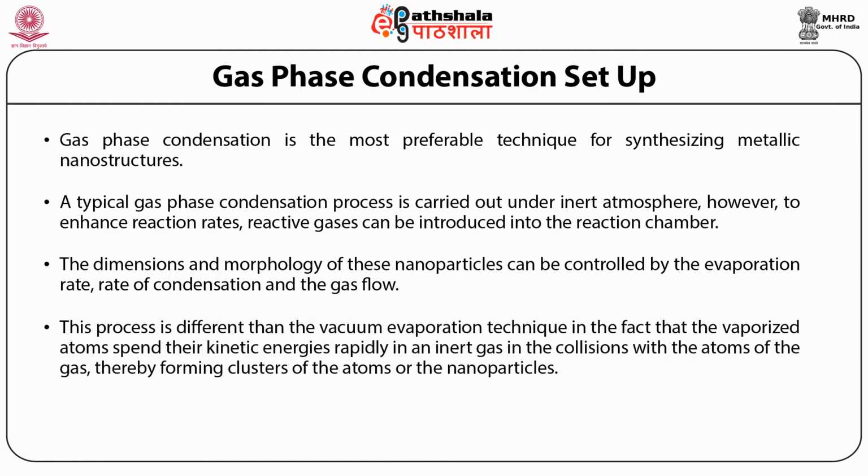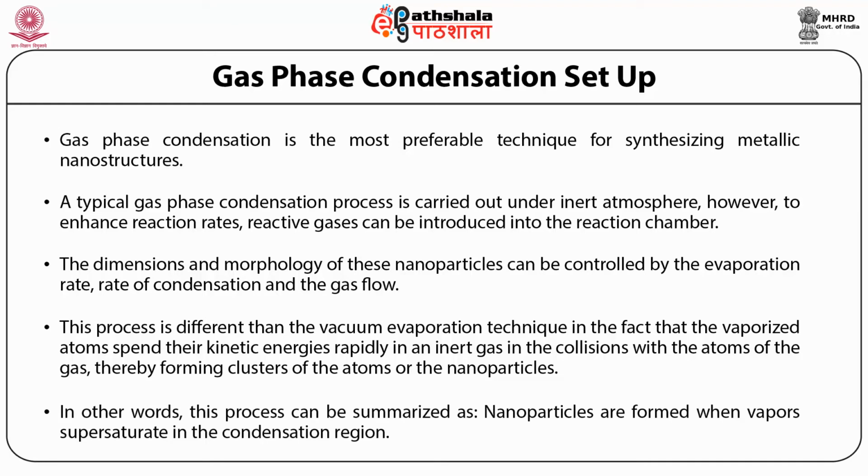This process is different from the vacuum evaporation technique in that the vaporized atoms spend their kinetic energies rapidly in an inert gas in collisions with the atoms of the gas, thereby forming clusters of atoms, or nanoparticles. In other words, this process can be summarized as: nanoparticles are formed when vapors supersaturate in the condensation region.